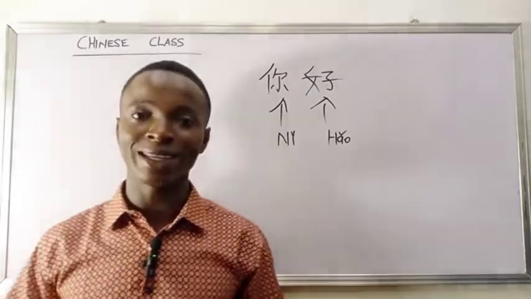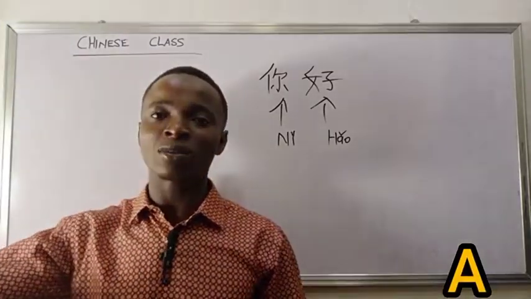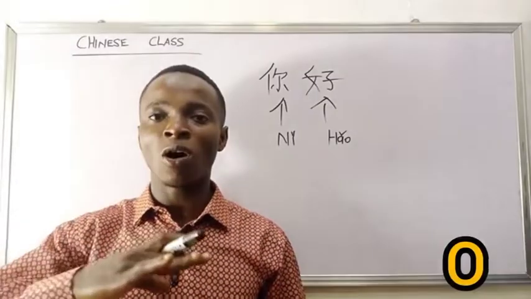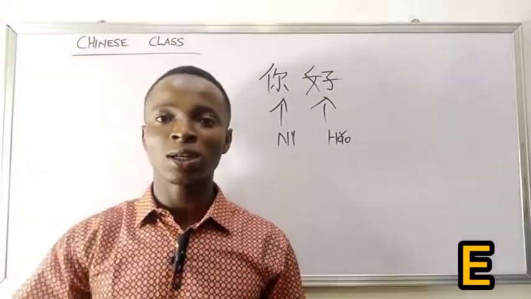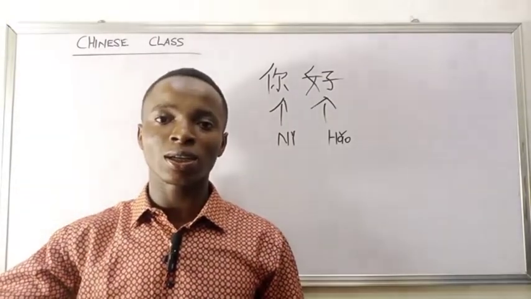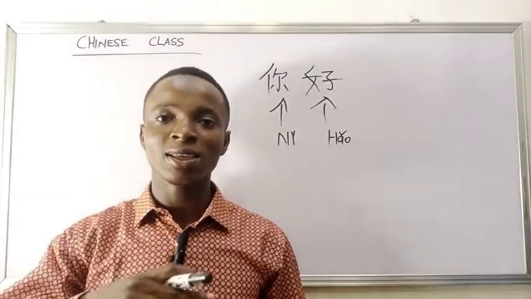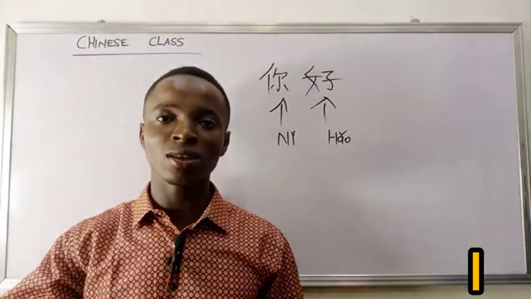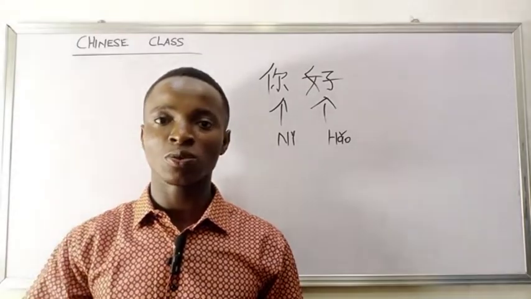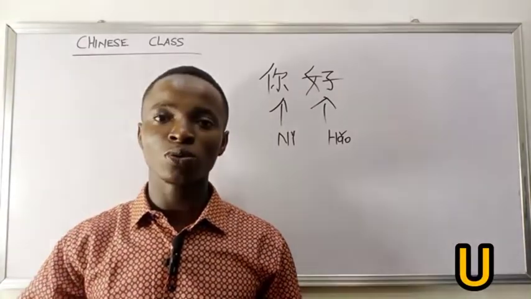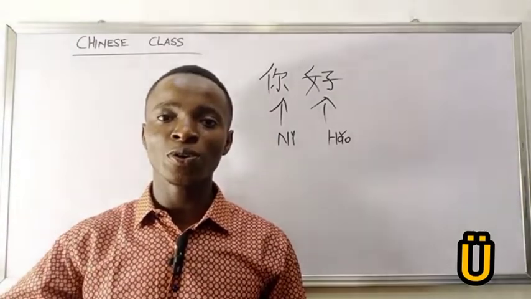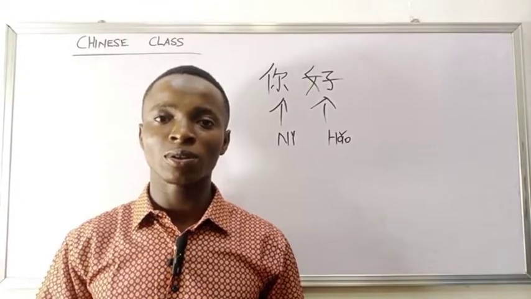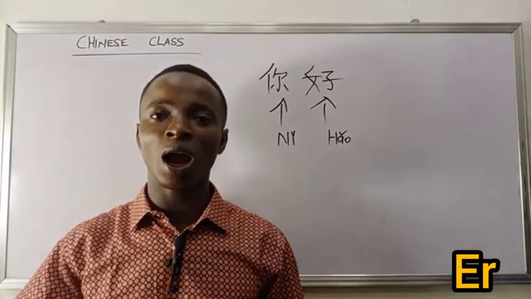So the first one is a, o, e, i, u, ü, and r.